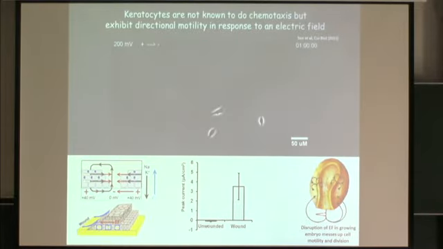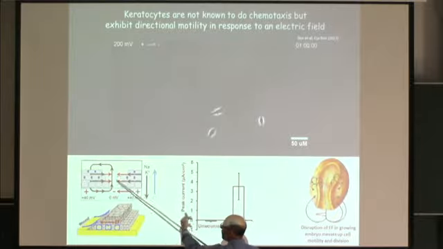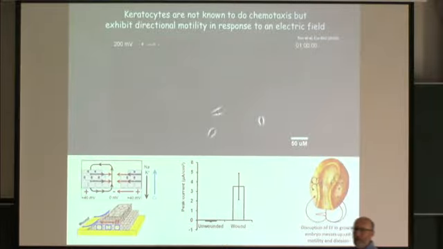Yet it's a fundamental part of physiology. For example, in wounds, there are strong electric fields, and I don't have time to discuss how they arise. The cells move along the electric field into the wound, closing the wound, and this is a very important process. Many experiments show that if you disrupt the electric field in the wound, it doesn't heal, well, it heals an order of magnitude slower.